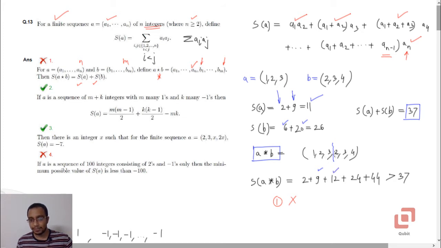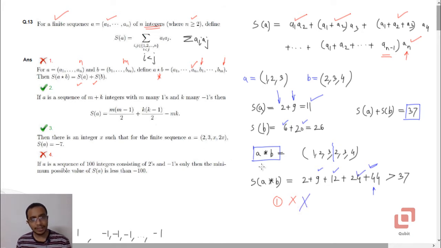This 3 into 3 plus 2, 5, 5 plus 3, 8, so 24, plus 4 into 3 plus 3, 6, 6 plus 2, 8, 8 plus 3, 11, so 44. Now this clearly exceeds 37. This single number 44 itself is greater than 37. It means we have come up with an example which fails to satisfy this particular equation. So one counter example is enough to prove that option 1 is not right.